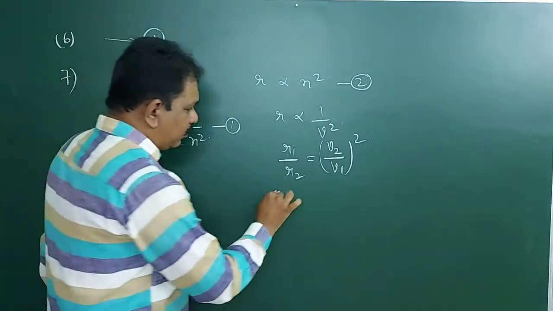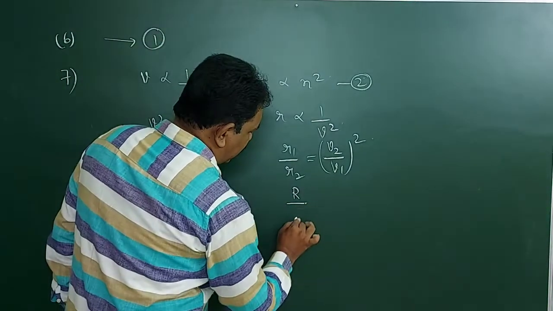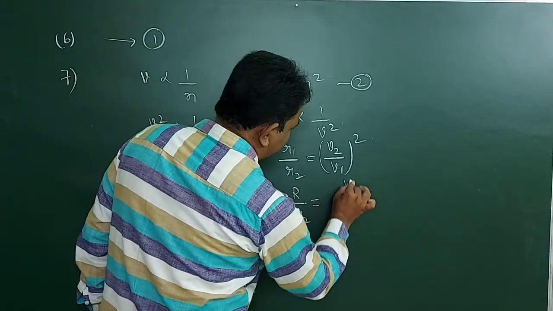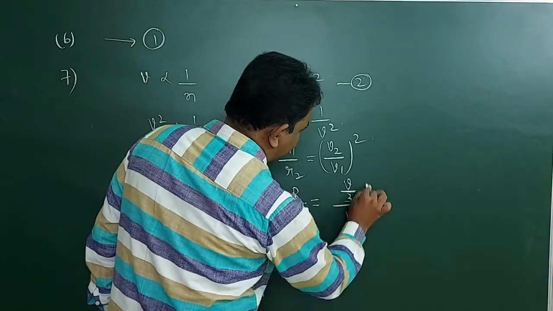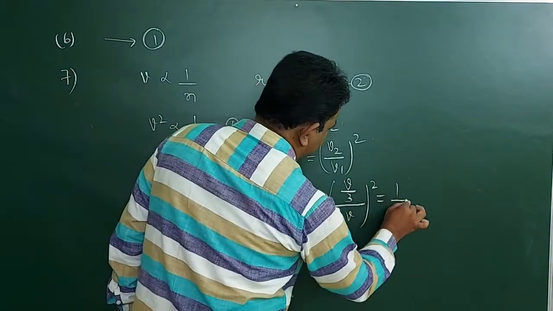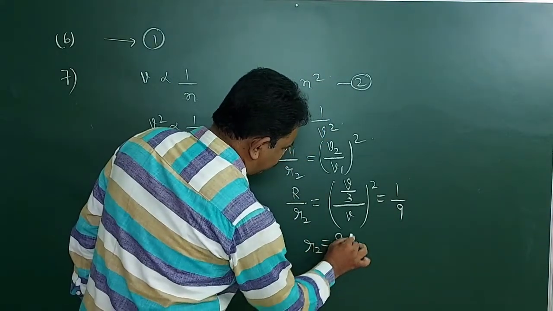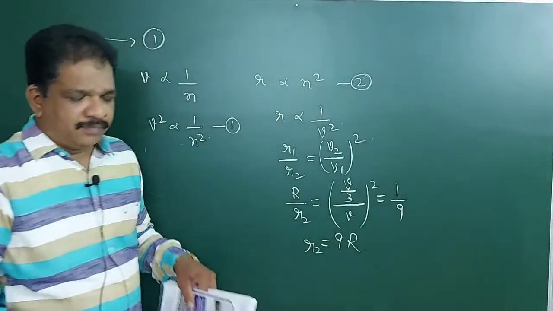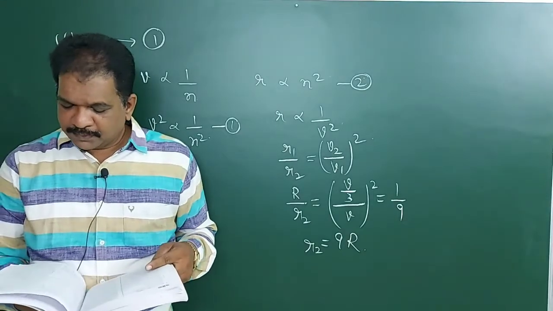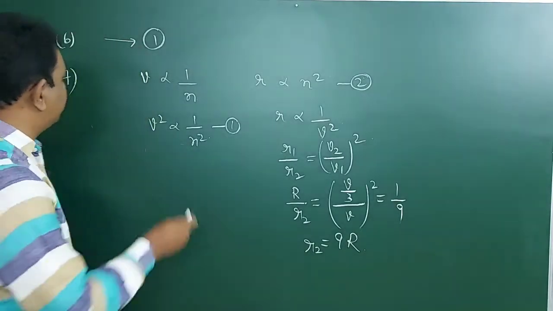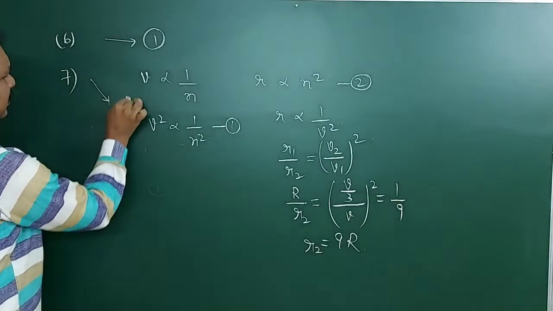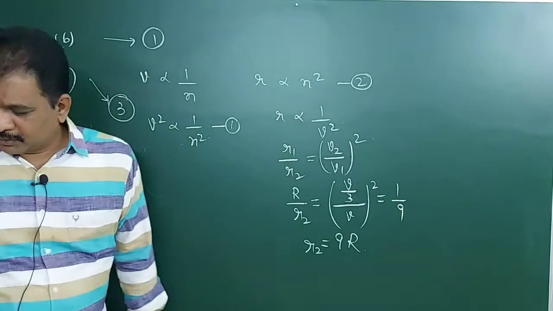What will happen to the radius? r2 is equal to v by 3 by v whole square. This is 9. r2 is equal to 9r. So, option for this will be third option. Seventh question, it will be third option.